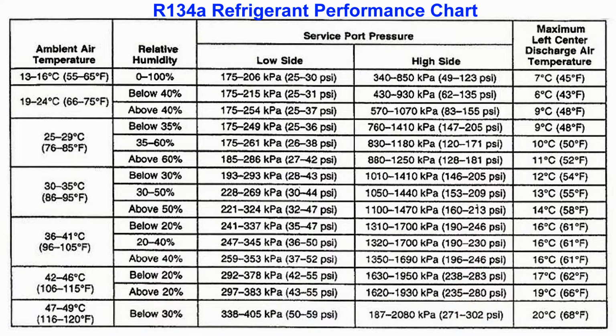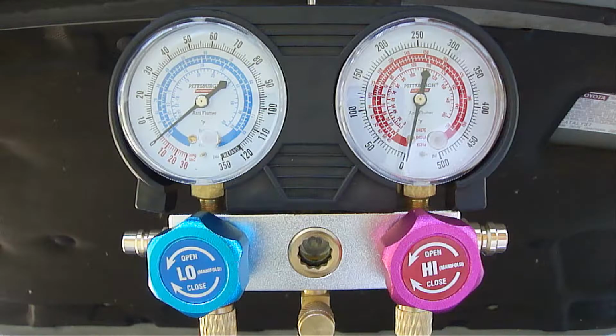However, if it uses an expansion valve, the refrigerant performance chart pressures will not apply and the refrigerant must be added by weight. So if you have an orifice tube, slowly add the refrigerant until it's within the low and high pressure range shown on the refrigerant performance chart based on the existing ambient air temperature and relative humidity.